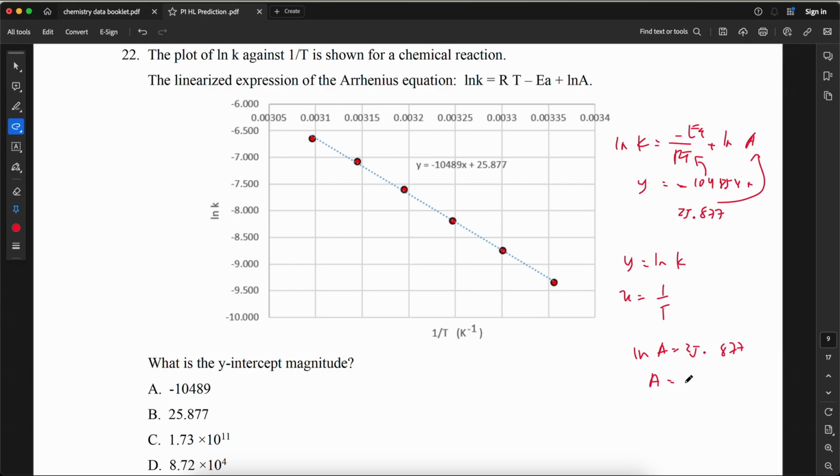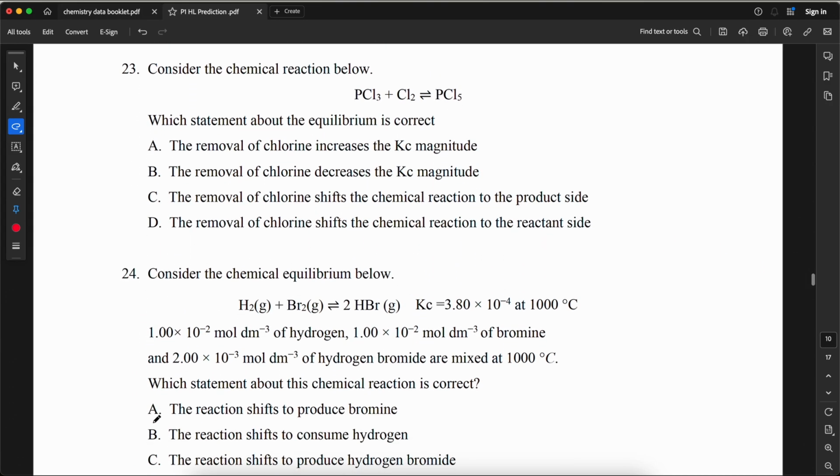So A would be e to the power 25.877, which is 1.73 times 10 to the power 11. The answer, C.